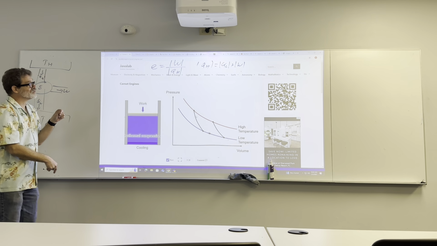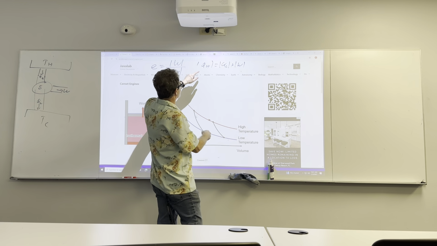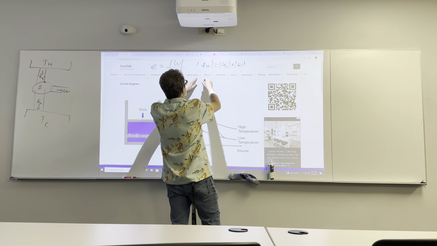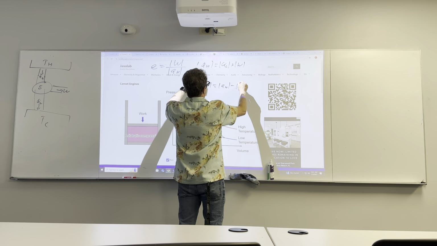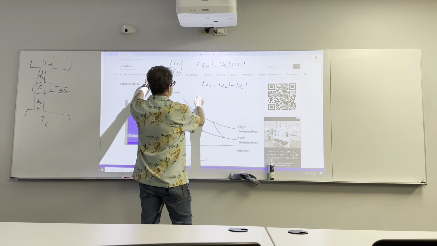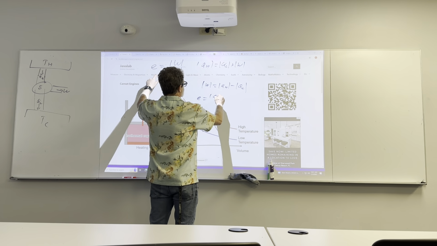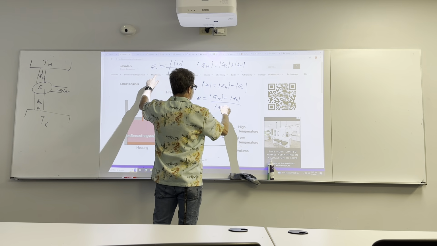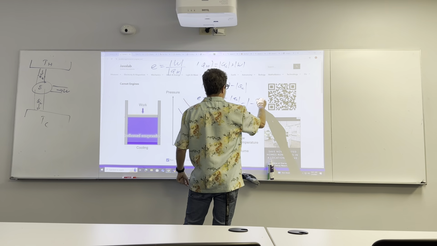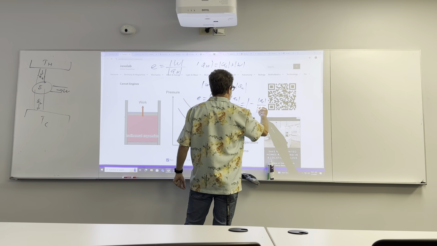So I can substitute, solve for W and substitute it in. I get W equals QH minus QC. So I get E equals QH minus QC divided by QH, or 1 minus QC over QH.